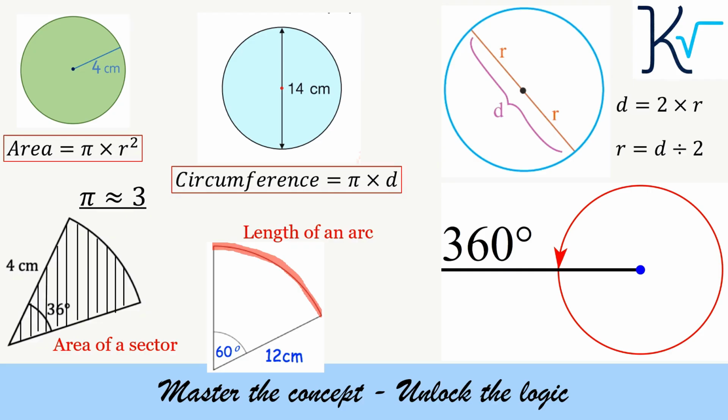A quick reminder that a radius of a circle is a line segment joining from the center to any point on the circumference, whereas the diameter is a line segment joining 2 points on the circumference and going through the center. We have therefore the diameter equals twice the radius, or the radius is half the diameter.